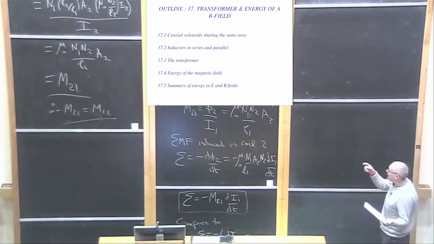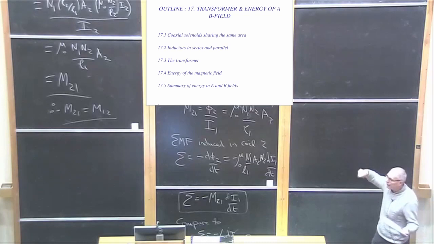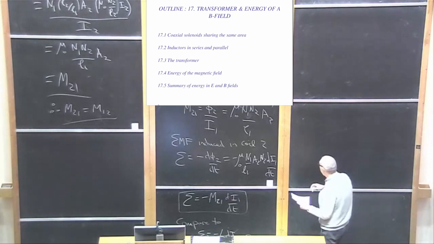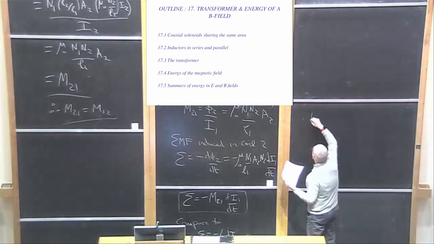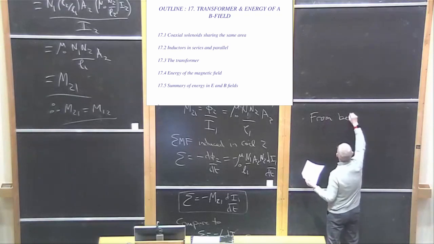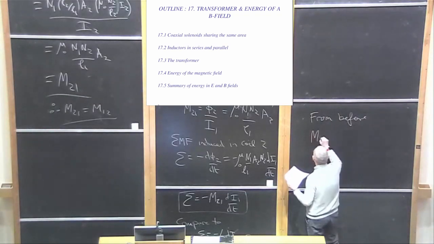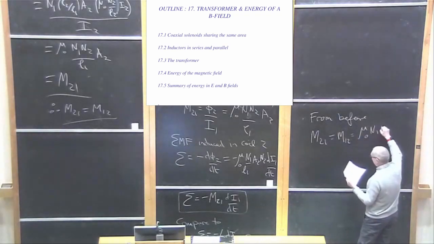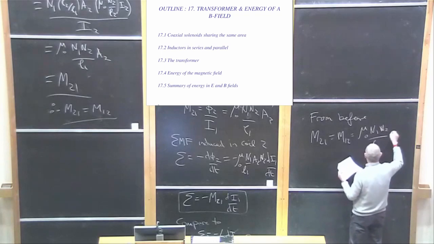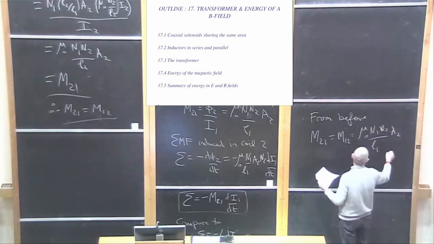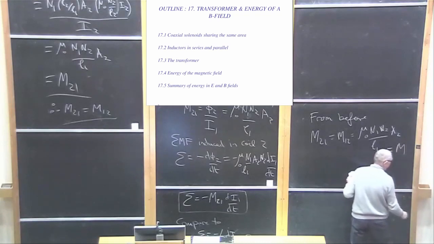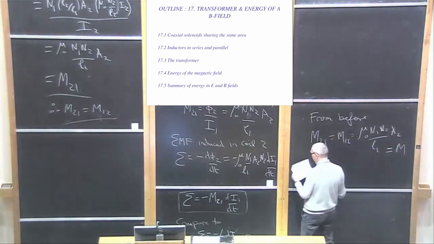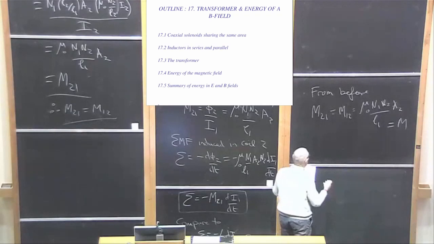So this is now actually a simpler case than this. The coils share the same area. From before, M21 is M12, equal to mu naught N1 N2 over L1 A2, which I can just call M. And of course now A1 is equal to A2.